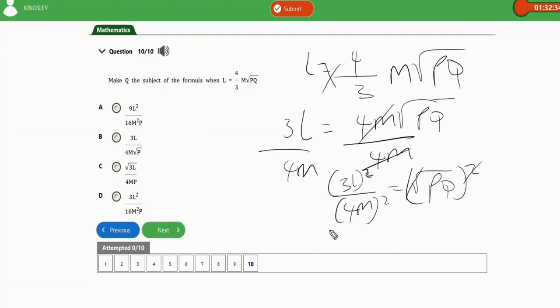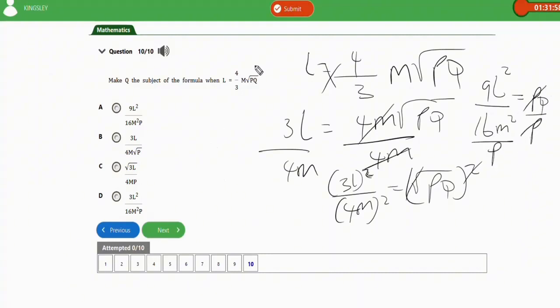So when you do this, you'll be left with, now what is inside the bracket also gets the square. We are going to have 9L square over what is inside here also gets the square. We have 4 square is 16, M square equals what? PQ. So divide both sides by P. Since we want to make Q the subject of the formula, divide both sides by P.